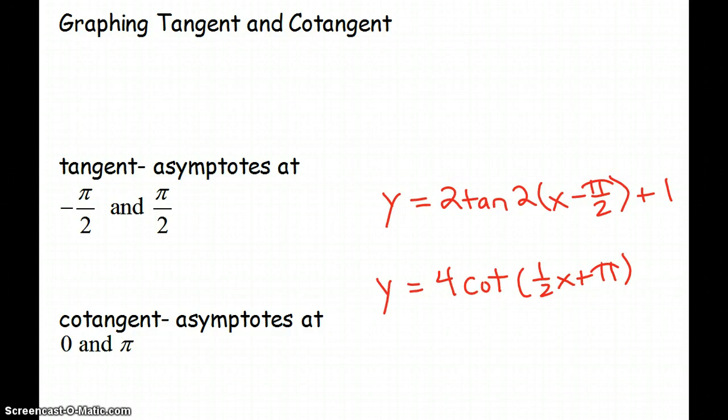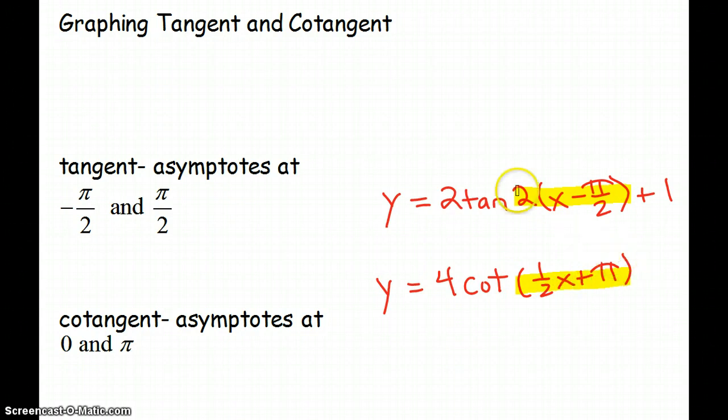Remember that the transformations that cause the asymptotes to change are the horizontal ones. So if I'm looking at this function right here, it's going to be this part right here that's going to change the asymptote. For this function, it's going to be this part that's going to change the asymptote.